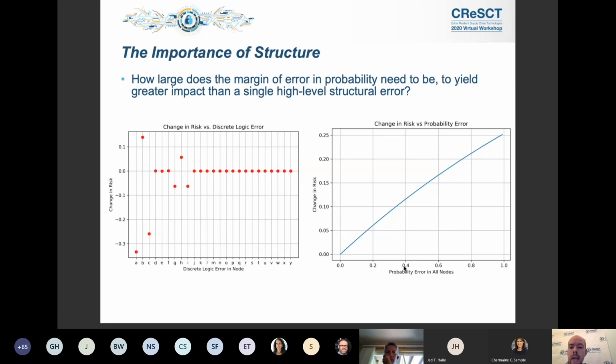So again, in order to have an assessed risk equivalent to missing logic on node B, we'd have to be wrong by a factor of 50% in all of the probabilities. This should highlight that a high-level structural error can have a really big effect on the change in risk, even compared to a very large across-the-board probability error.